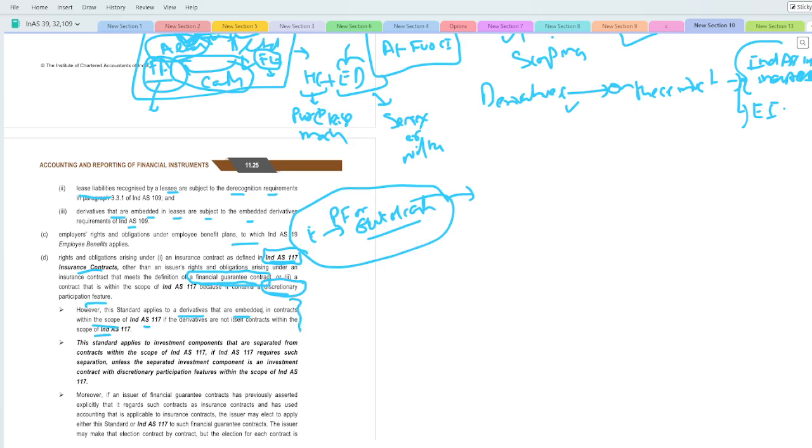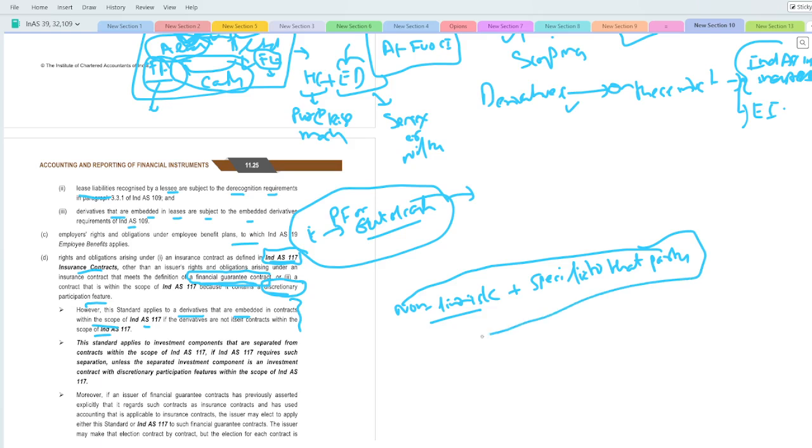But sometimes, with derivatives and embedded derivatives, you will have a non-financial risk that is specific to that party. So this is the particular risk on which the insurance contract, meaning Ind AS 117, is applicable.